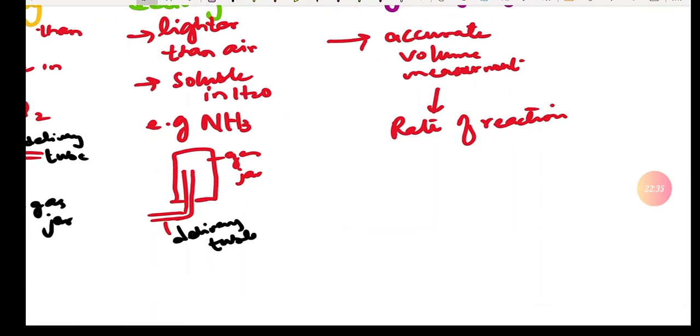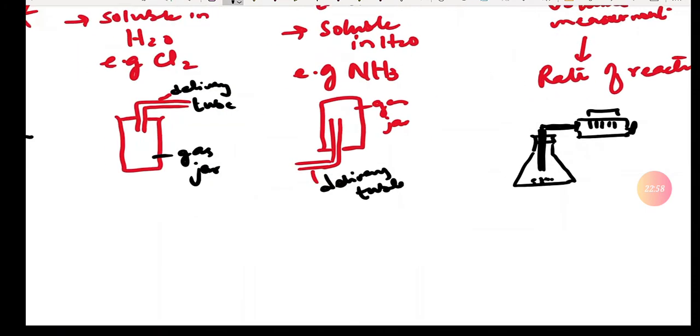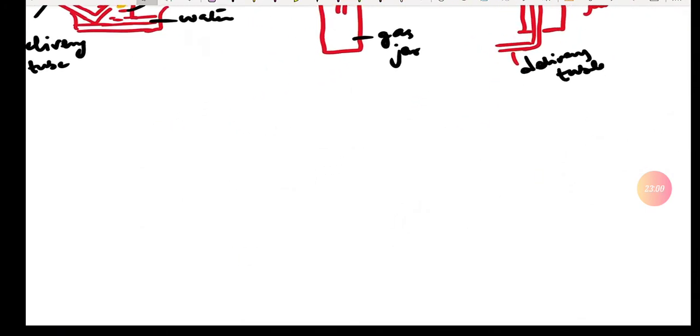In this we just have a flask that is connected directly with the gas syringe, and the volume is noted from here. So this is how the gas syringe is being used for collection of the gas.